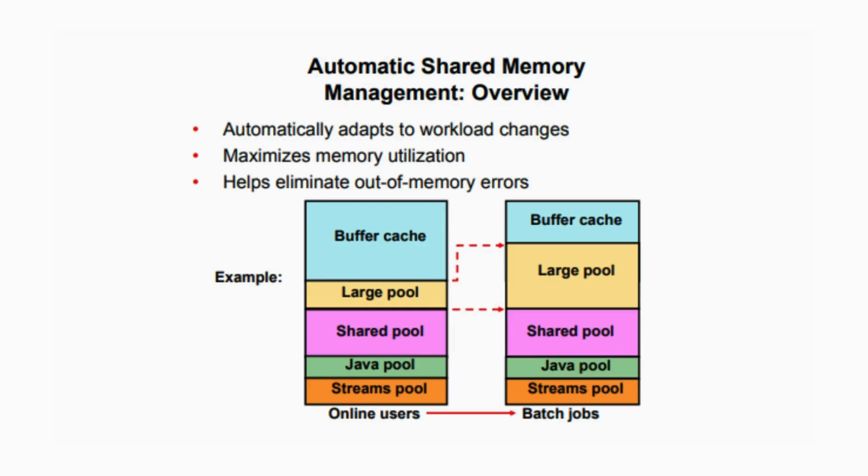For example, in a system that runs large online transactional processing, OLTP, jobs during the day, requiring a large buffer cache, and runs parallel batch jobs at night, requiring a large value for the large pool, you would have to simultaneously configure both the buffer cache and the large pool to accommodate your peak requirements.